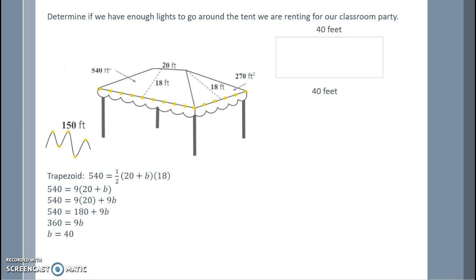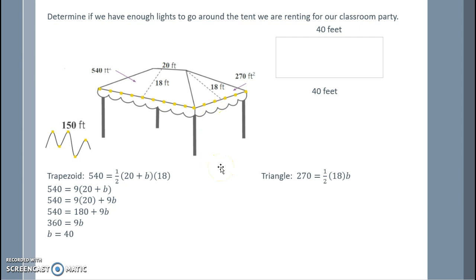Then I drew a rectangle up here to signify the top of our tent. So I know that this length and this length are 40. Now we need the corners of our tent, which are triangles. The area of a triangle we know is half times base times height. We know the area, which is given, and we know the height of our triangle is 18 feet.